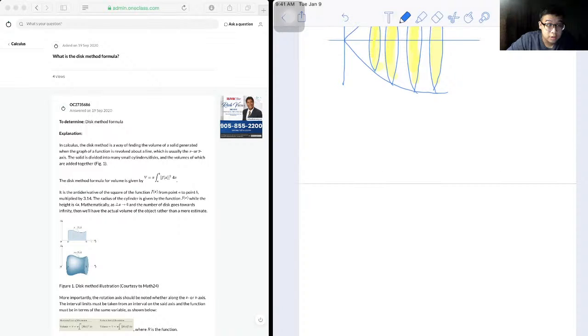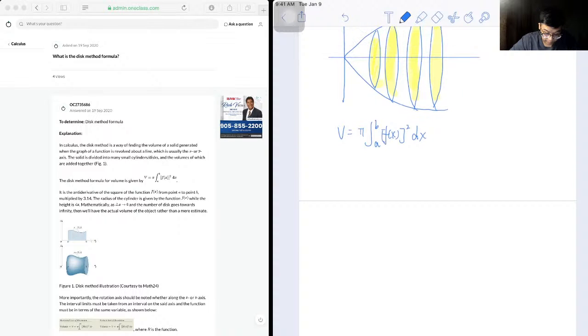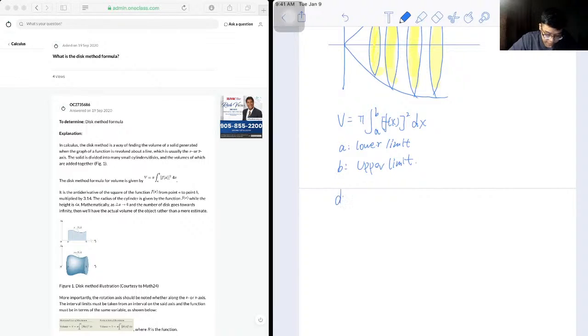So the volume is equal to pi times the integral from a to b of f(x) squared dx. And so for a, it is just the lower limit. b will be the upper limit. And the dx, it just slides along the x-axis.